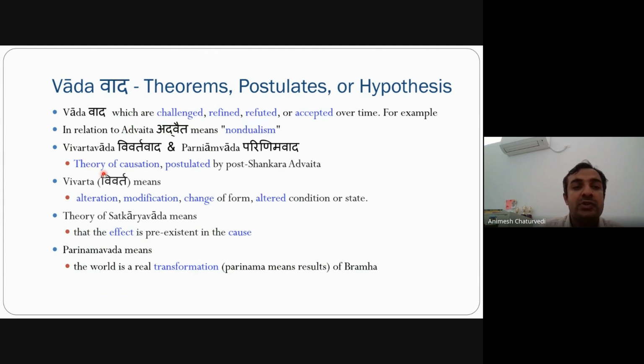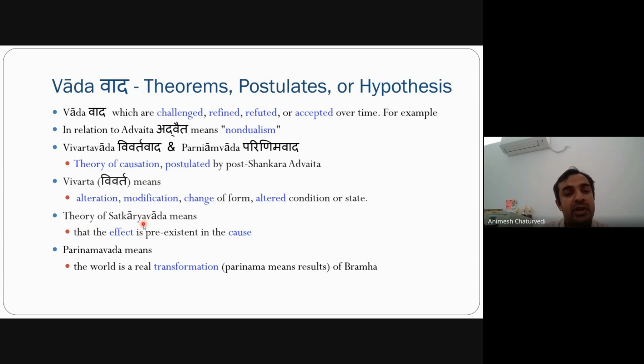And there is also the Vitarkvad theory, that is a postulate. There's an assumption, there is an antecedent and there will be a consequent. Then there's Vivartvad, that is alternation and modification of a particular objective or theory.